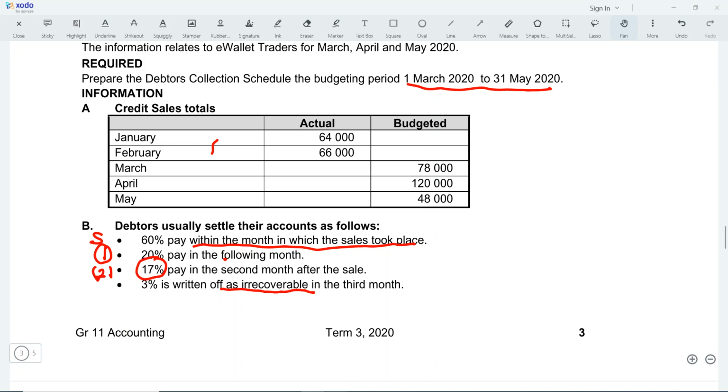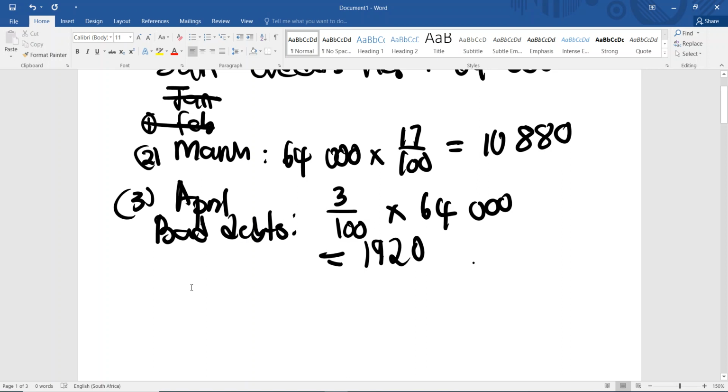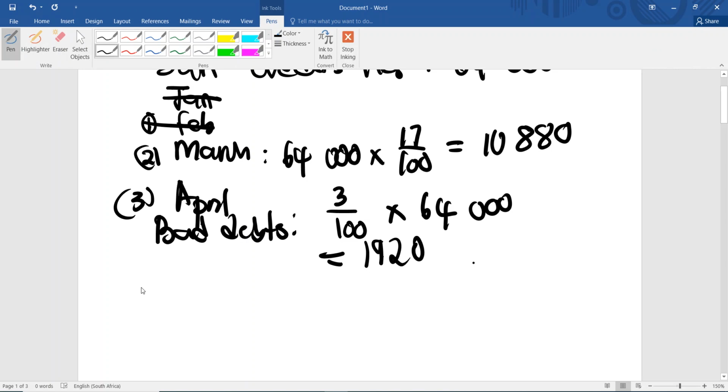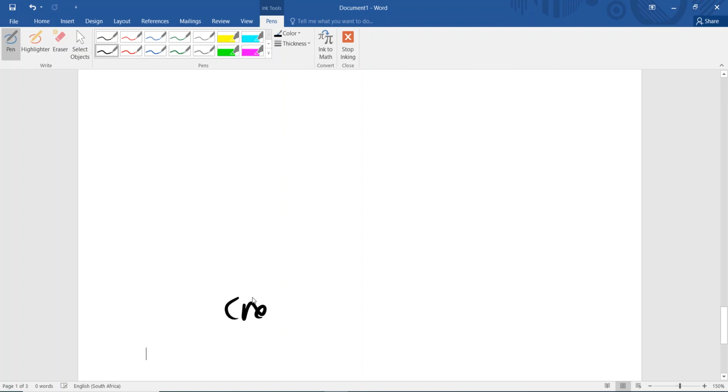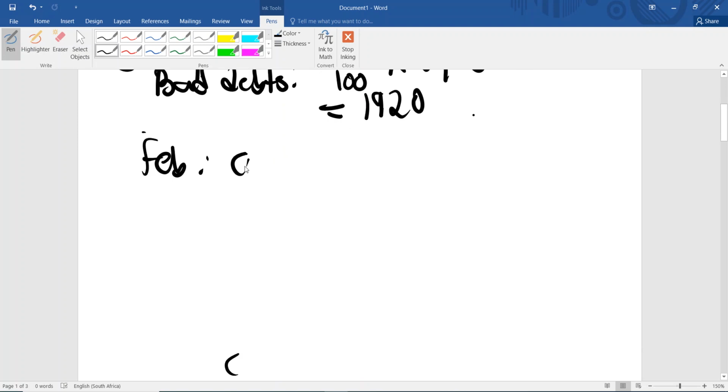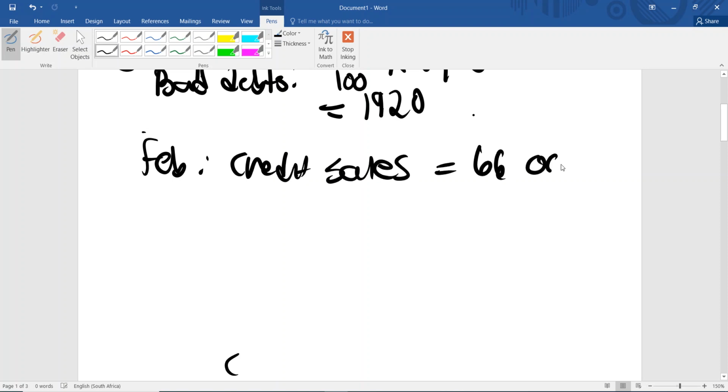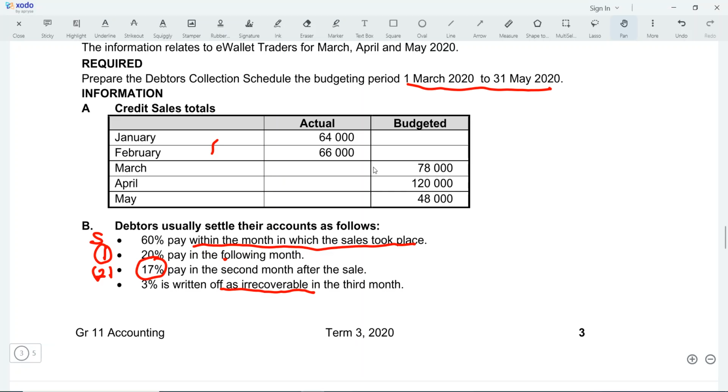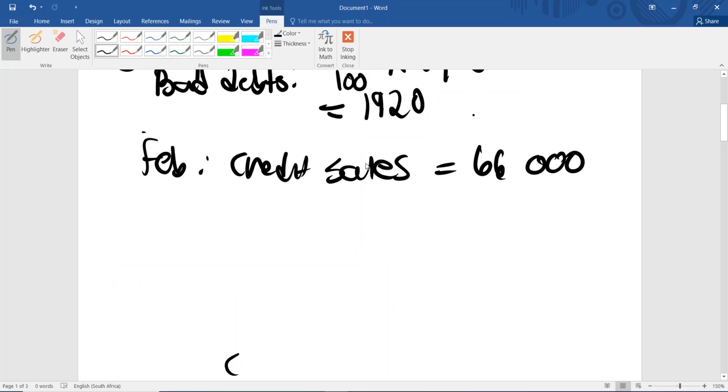So for February, remember our credit sales was 66,000 according to the information that we have here, as you can see. So we've used this, we are now working on this. So it was 66,000.